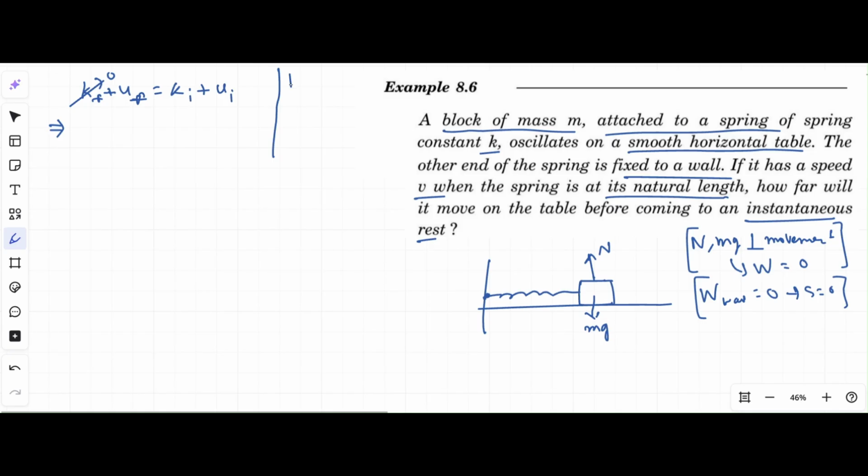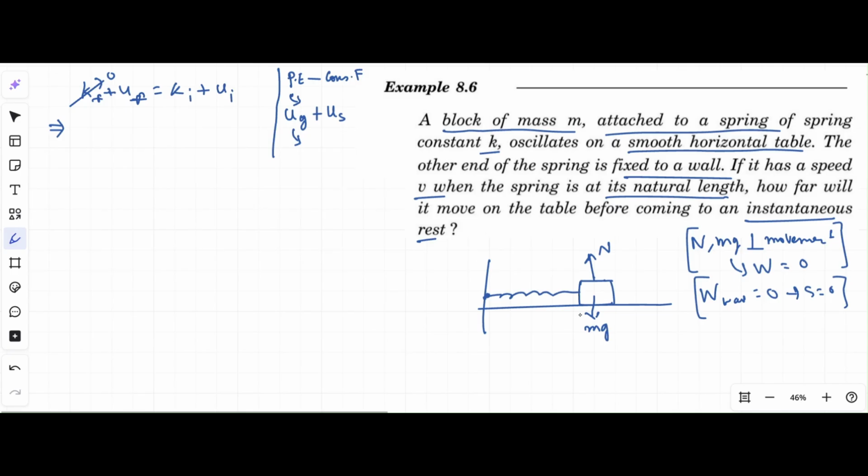We know that potential energy can be defined for every type of conservative force. So here we can define potential energy for gravitational force plus potential energy for spring force. Now what will happen to the gravitational potential energy?